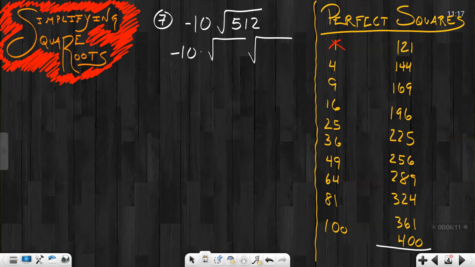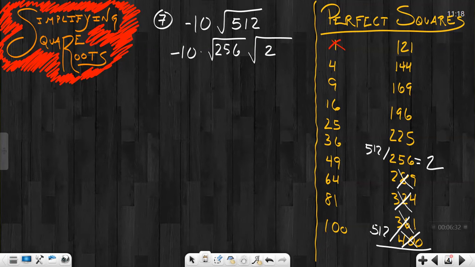And here in this case, I'm looking at 512 divided by 400. That doesn't work. And if I keep doing that all the way down, I'll find that the first one that actually works is 256. 512 divided by 256 is 2. Therefore, I'm going to write square root of 256 times square root of 2.